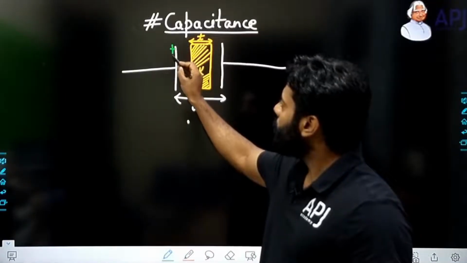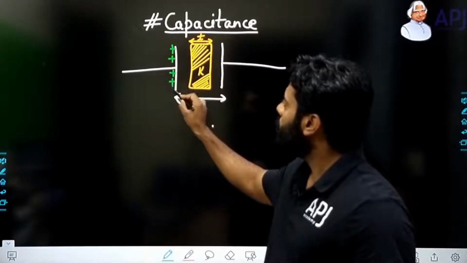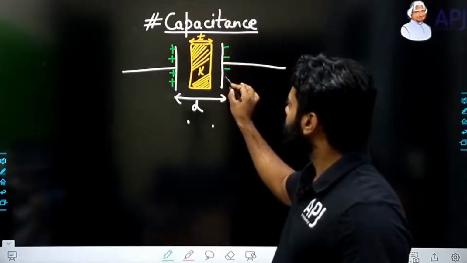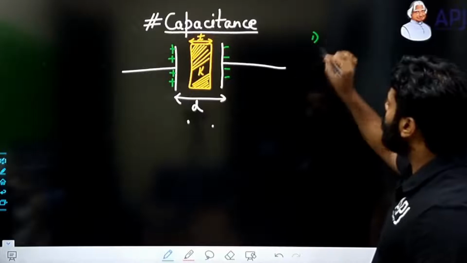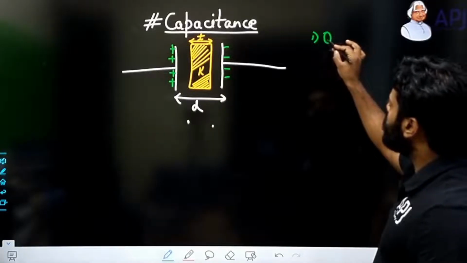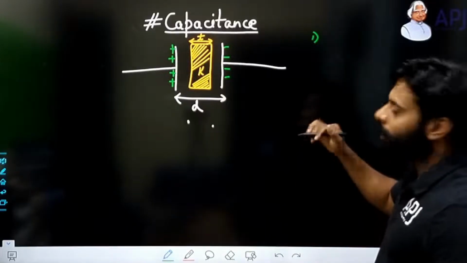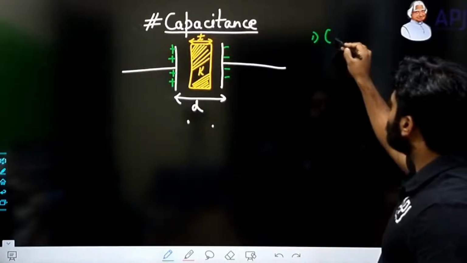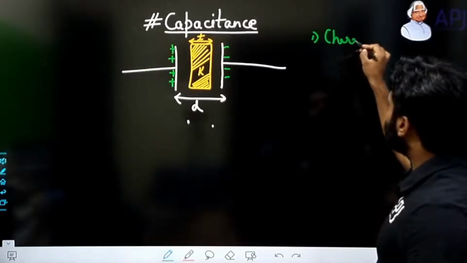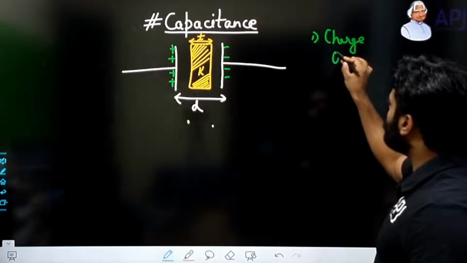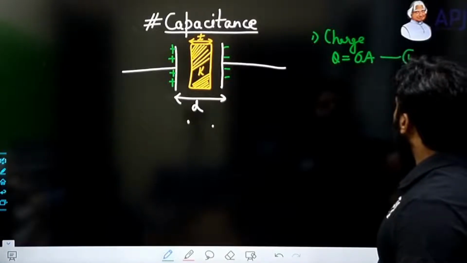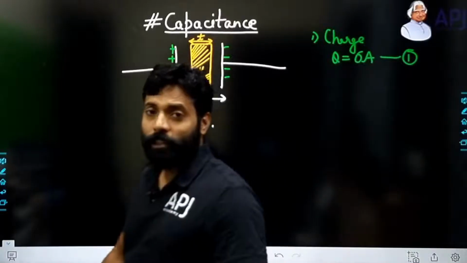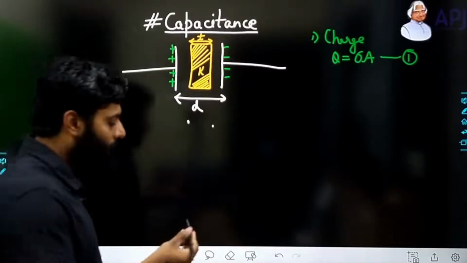So what will happen? This is the positive charge, this is the negative charge. The first step is finding the charge, and the charge is equal to σA.